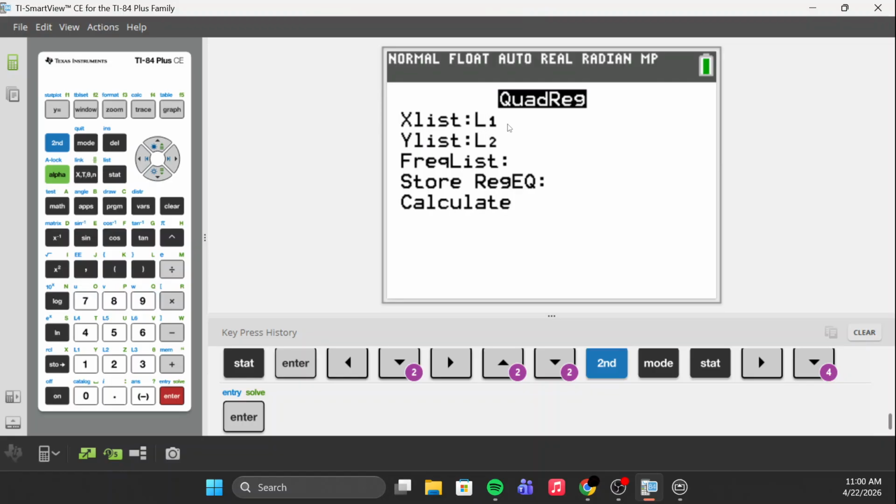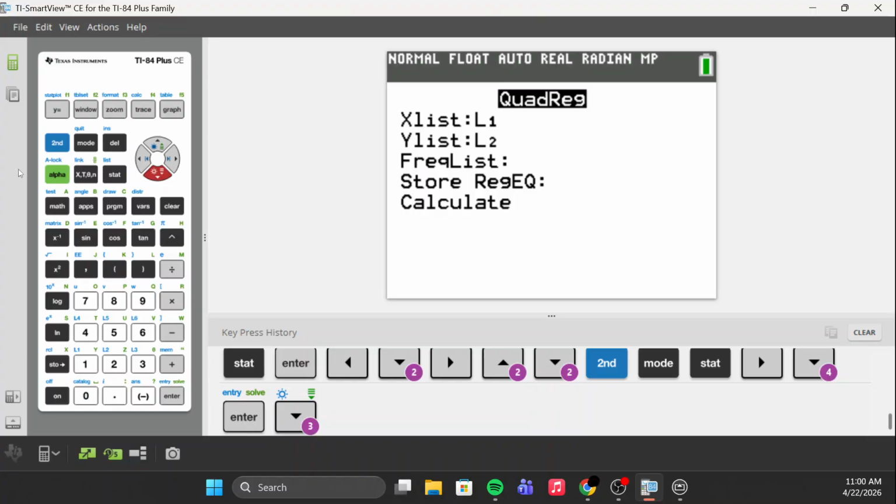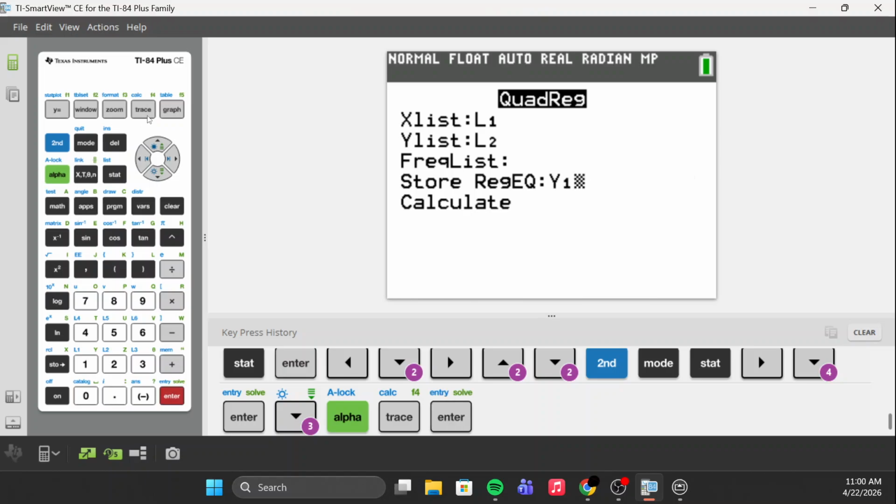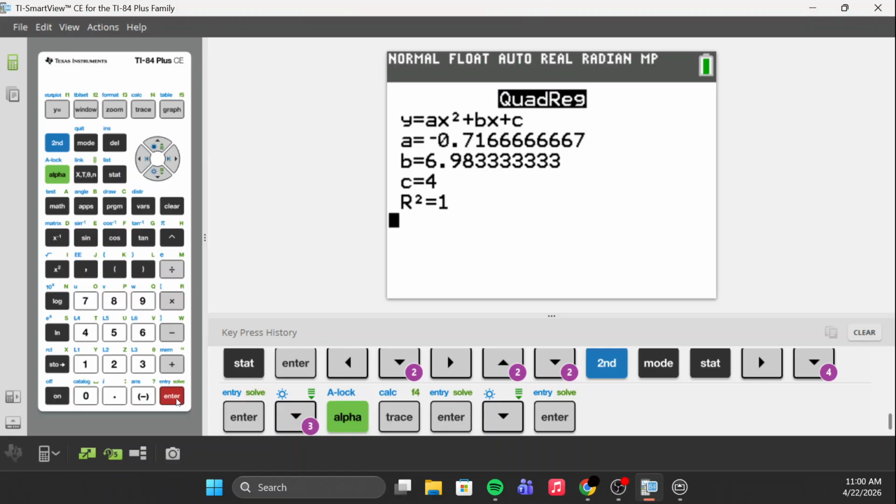My Y list is list 2. And again, normally it's a good idea to store your equation in Y1. To get to Y1, you go to Alpha, Trace. Put Y1 there. It's a good habit. If you hit Calculate, it will give you your answers for a, b, and c.